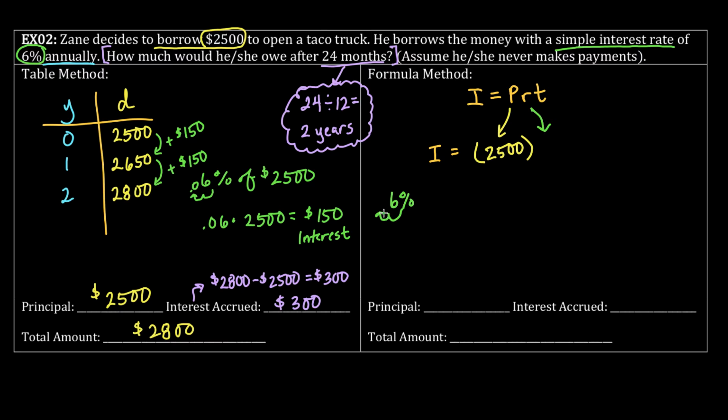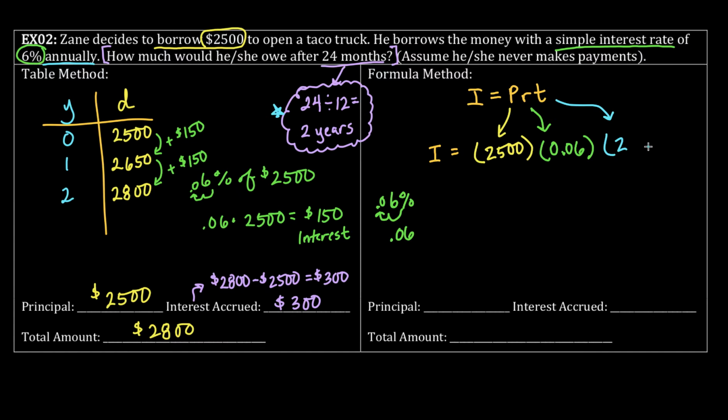Move it twice. So we get 0.06. And then we'll multiply that by our time, which we made in this case was blue. It was 24 months, which was 2 years. I'm going to do it like that. That was blue.